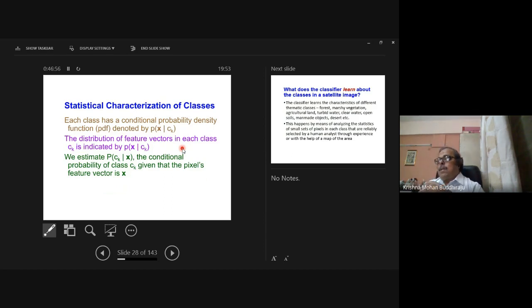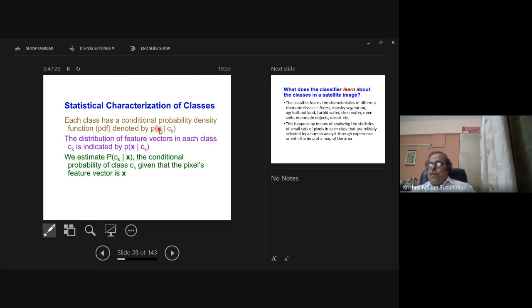So when you say we are characterizing the classes, or we want to classify the data, essentially what we have is, from the training samples that are given for each class, a distribution of the data values.